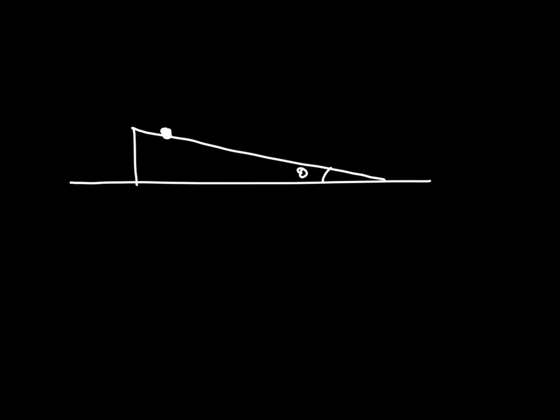We've got the gravitational force. We've got the normal force. And this is perpendicular to that line. And we're going to have the frictional force. I haven't drawn this very perpendicular.